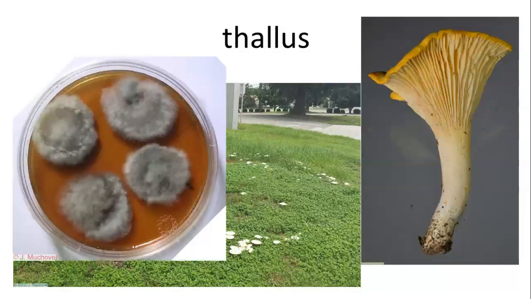If we go to that which you often see, this is a thallus. In this particular case, we're looking at a fungus that is growing in culture media. You don't get any differentiation of material in it, but this is a thallus. You've seen thalli of fungi when you look at an orange that has that green powdery mold on the outside of it.